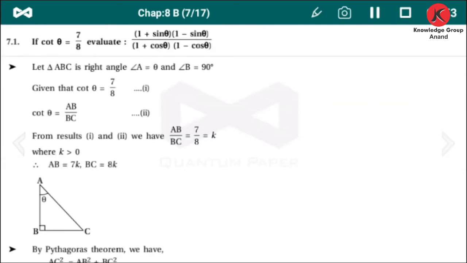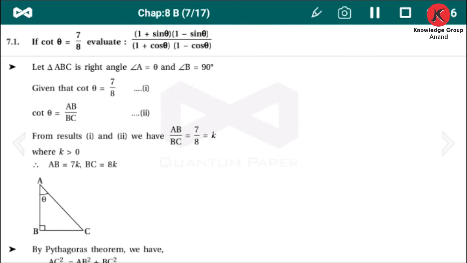Now question number 7, part 1. Cot theta is equal to 7 by 8. Evaluate (1 plus sin theta)(1 minus sin theta) upon (1 plus cos theta)(1 minus cos theta). We are given cot theta is equal to 7 by 8.